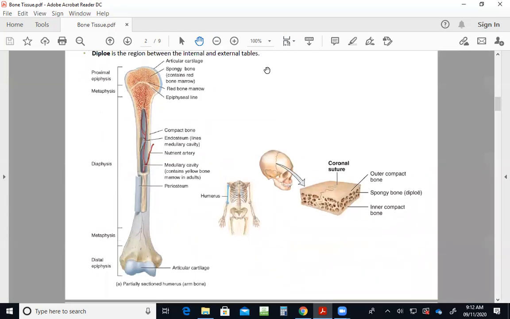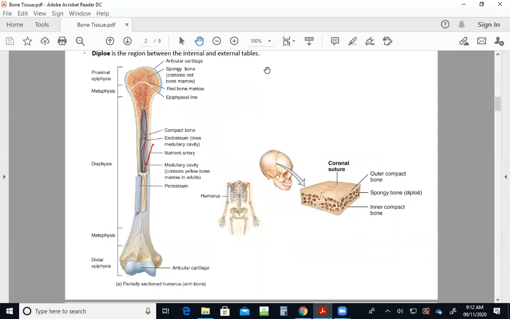Now, the key with a long bone is it has to be longer in length than it is in width. Obviously, your humerus is a great example of that. So are your femur, your tibia, and your forearm bones, the ulna and radius, but it could be as small as the tip of your pinky, which is not a very long bone, but it is longer than it is wide. And it's got these same features, just shrunk down.